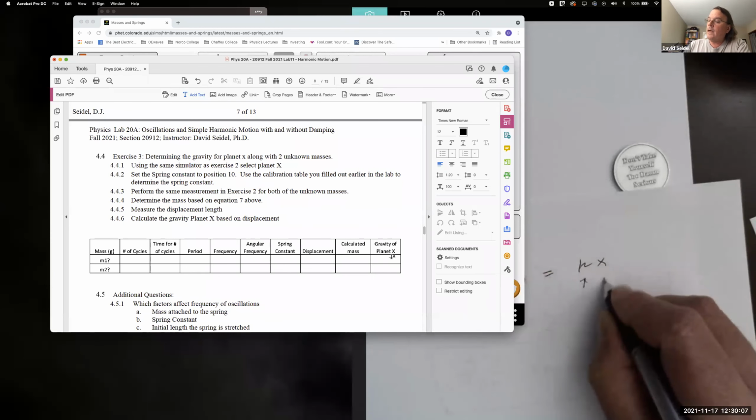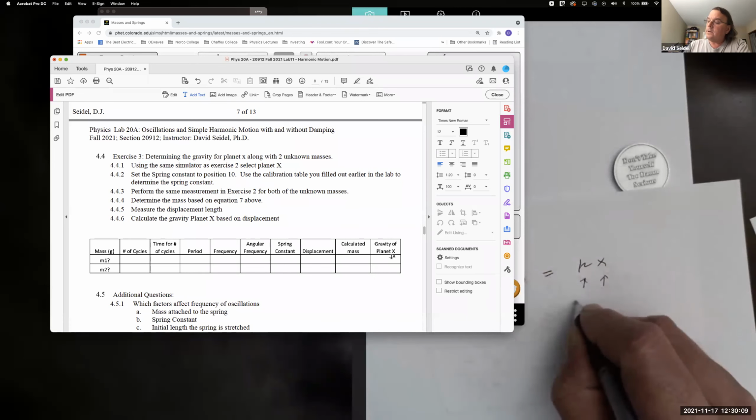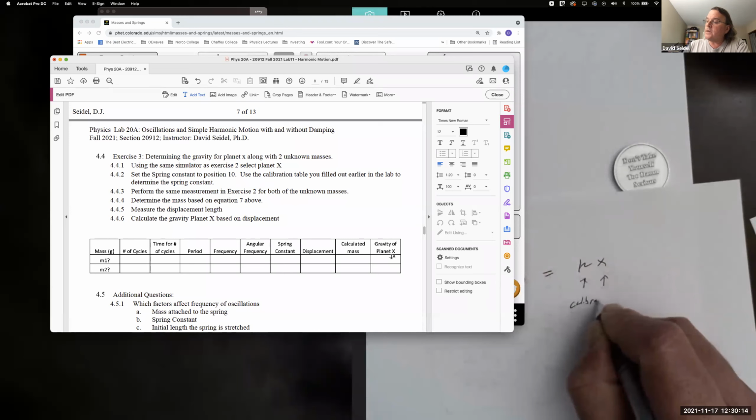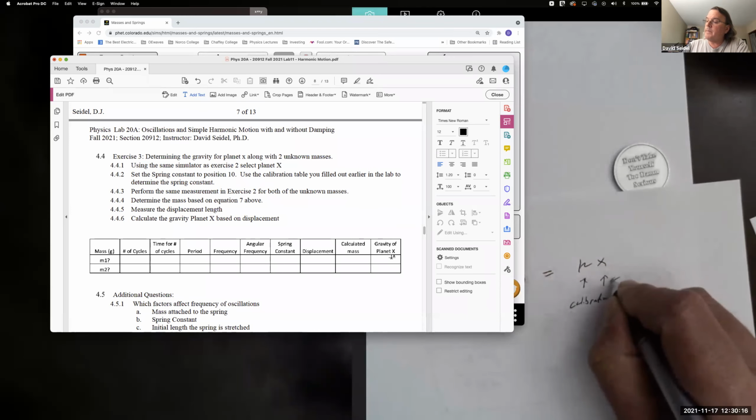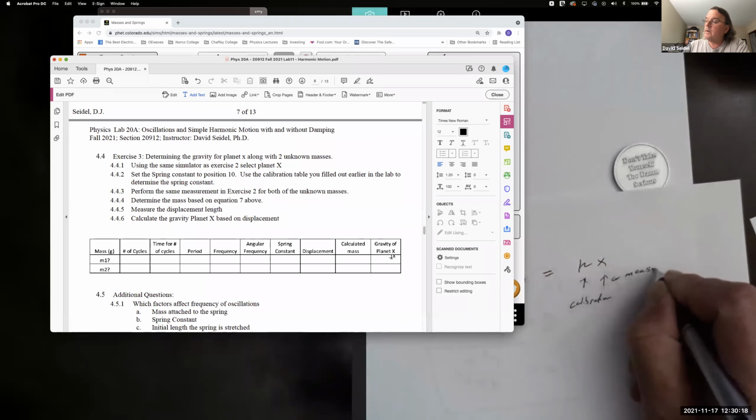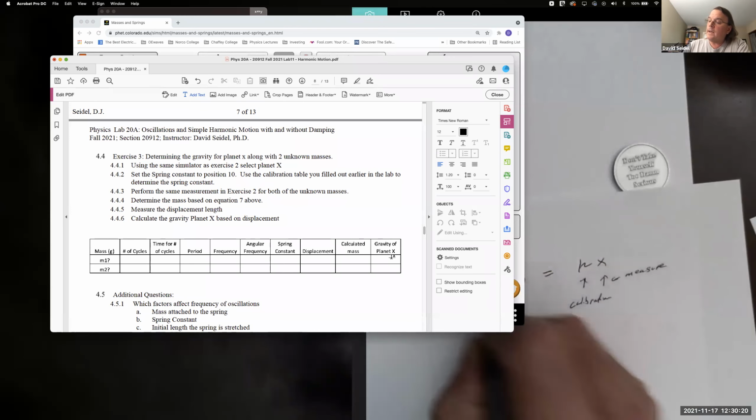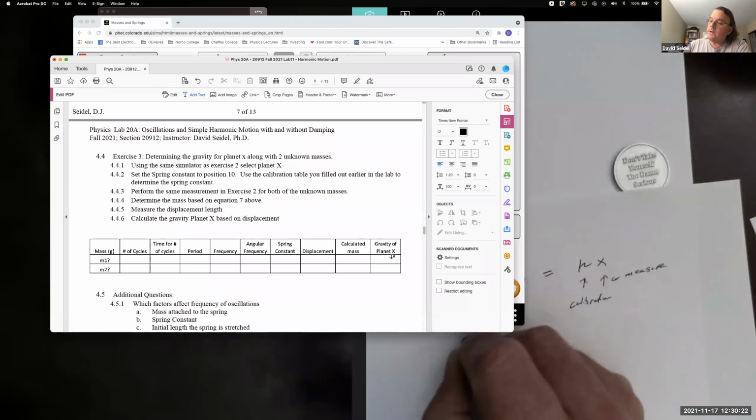K, you know, X you measure. So this is calibration. This you'll measure. This you determined experimentally.